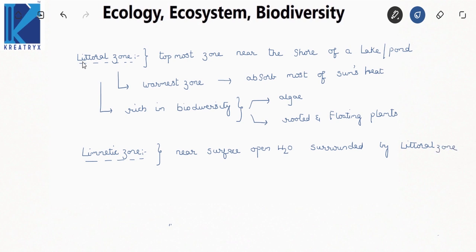This is a previous question asked in 2013 UPSC. Near surface open water surrounded by the littoral zone is called the limnetic zone.